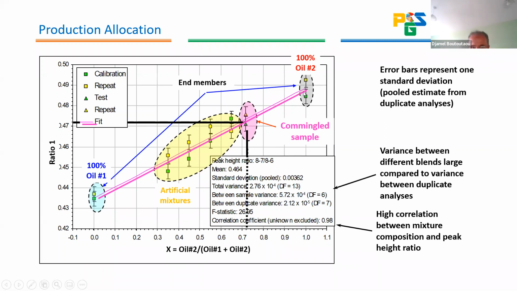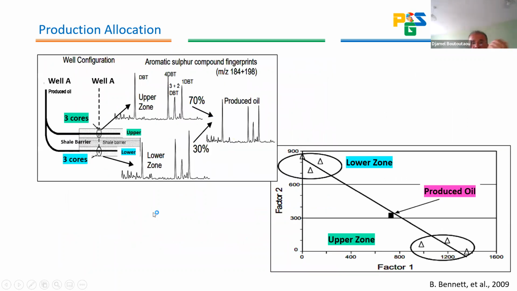We take different parameters, ratios, and correlate them with the proportions of the oils, and then we can find out what the proportion of today's produced oil is. So in this case, for example, we are producing about 72% from oil 2, and only 28 to 30% from reservoir 1. That type of thing.